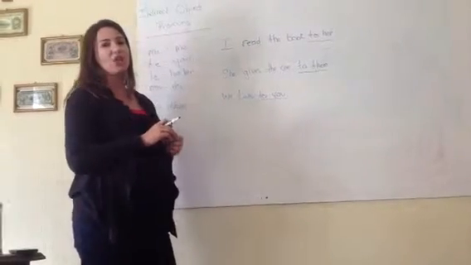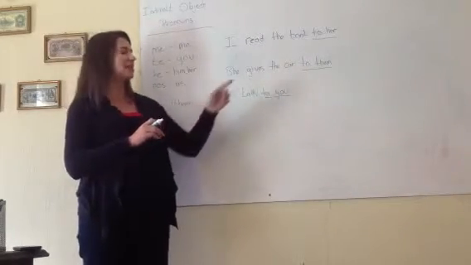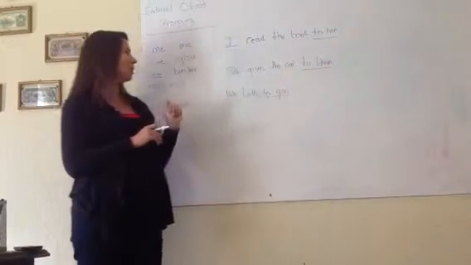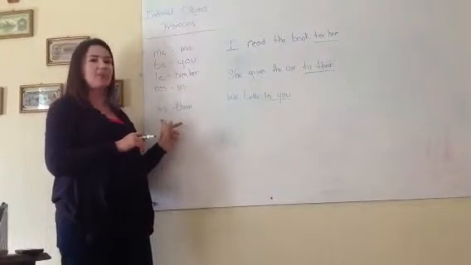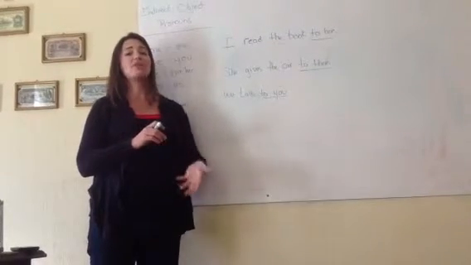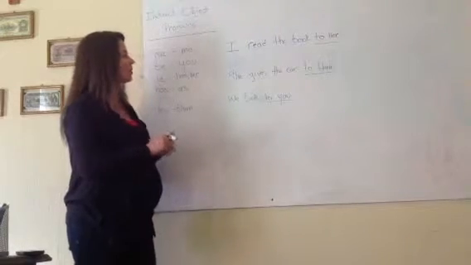In Spanish, you would replace the indirect objects and the word to with the indirect object pronoun. But just like the direct object pronoun, it must go before the conjugated verb. Let me give you some examples.